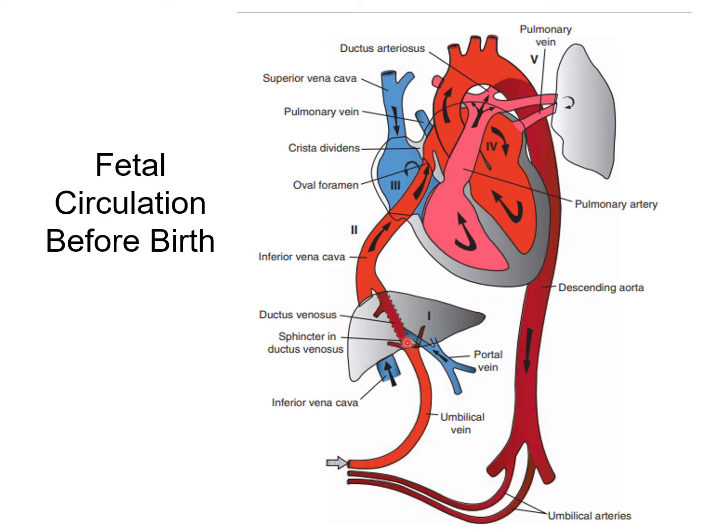Some of the blood enters the liver sinusoids, where it mixes with the blood, and from the sinusoids enters the hepatic veins, and through the hepatic veins enters the inferior vena cava.